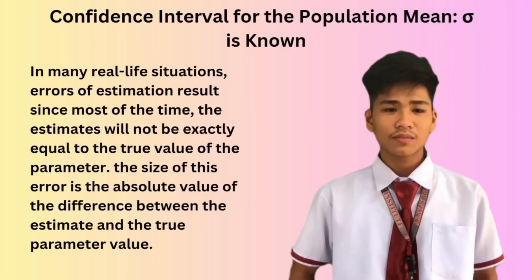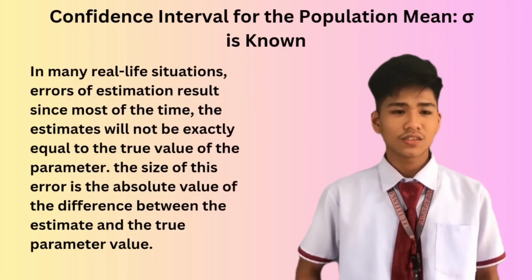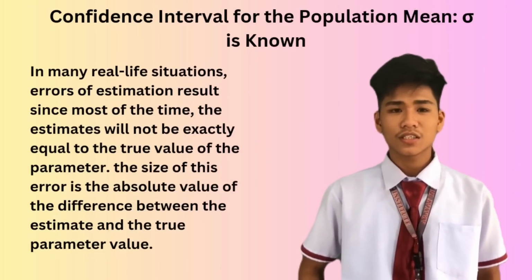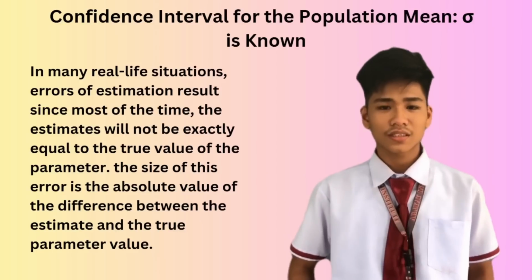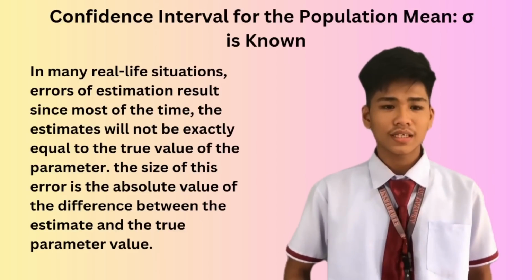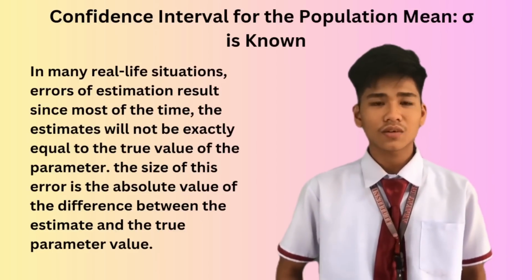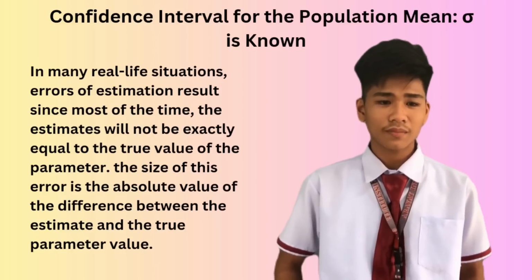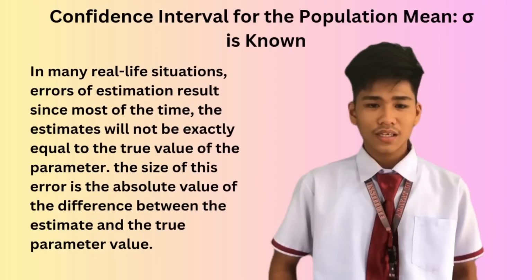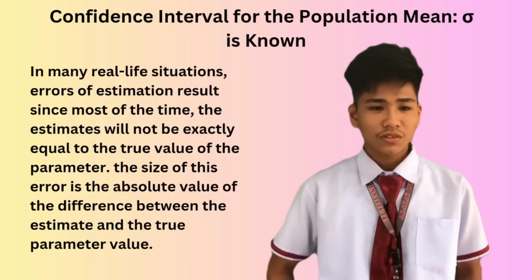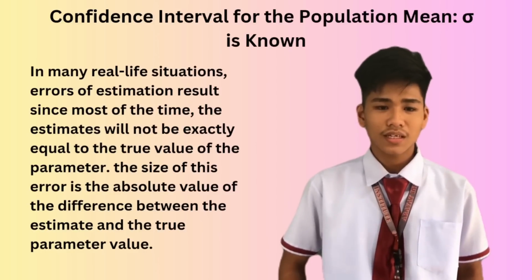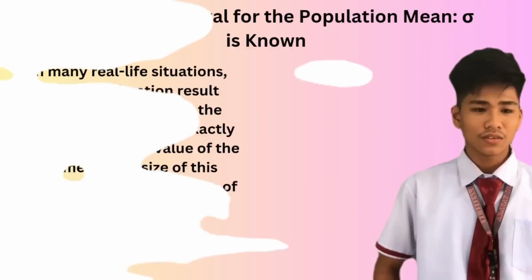Confidence interval for the population mean when variance is known. In many real-life situations, errors of estimation result since most of the time, the estimates will not exactly equal the true value of the parameter. The size of the error is the absolute value of the difference between the estimate and the true parameter value.